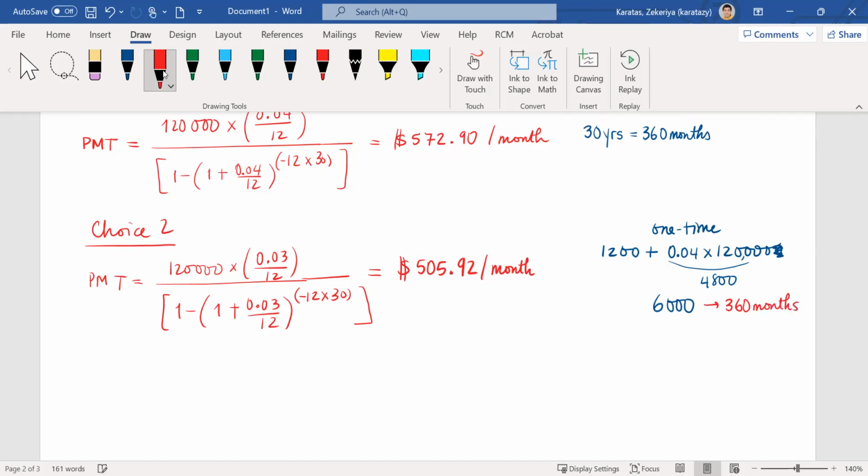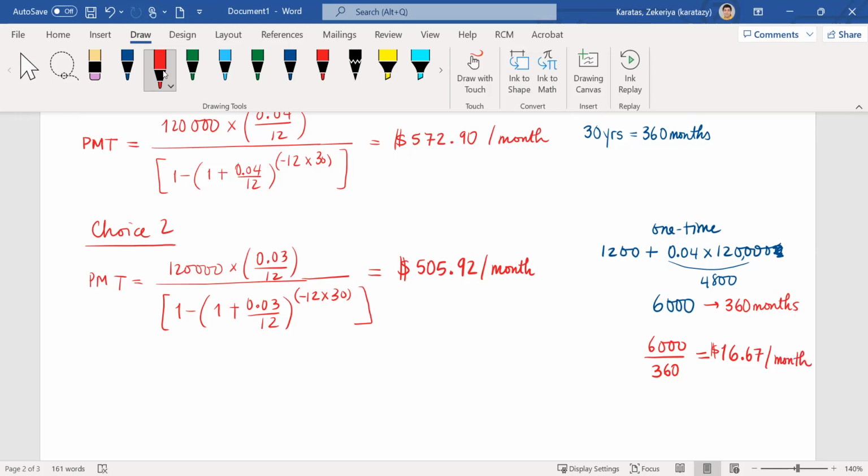So what does that really do to your monthly mortgage cost? In that case, you need to divide it by 360 to see the effect of this cost monthly. If you divide, you're going to get $16.67. So that's what you have per month.